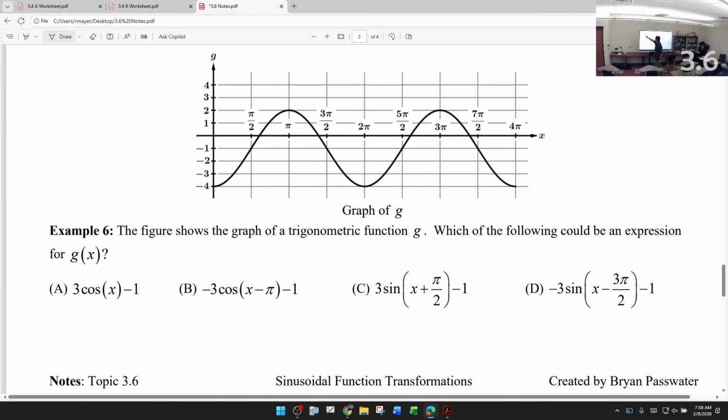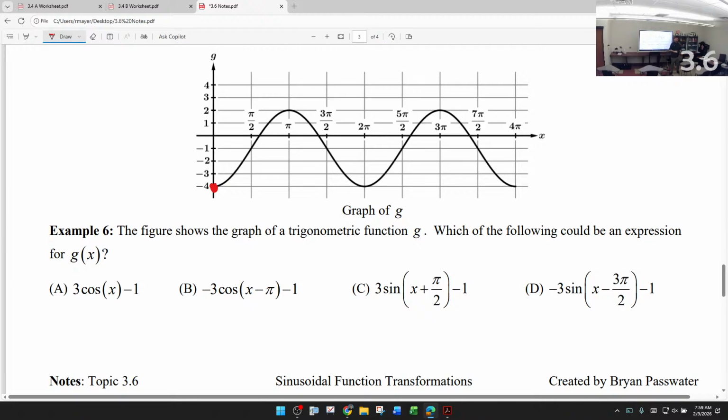If you start right here at 0, I'm going to use cosine, except it's going to be a negative a value, because cosine normally starts up here and goes down. If you start at the bottom, that's a negative cosine. So it could be this one.